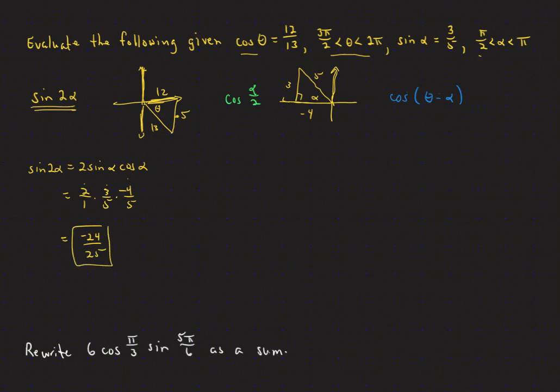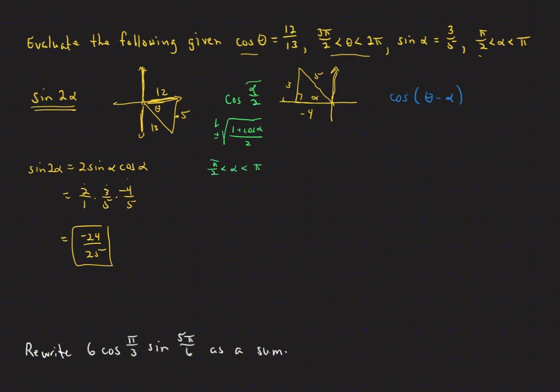Now, the cosine of alpha over 2, our formula says plus or minus the square root of 1 plus cosine of alpha over 2. Now we've got to determine whether it's a positive or a negative. The way we do that is we see that alpha is between pi over 2 and pi.